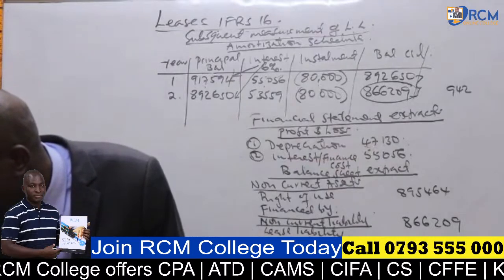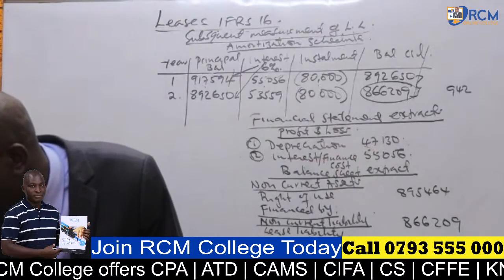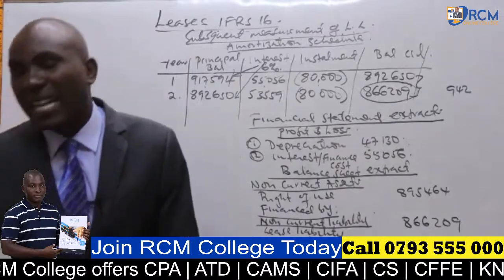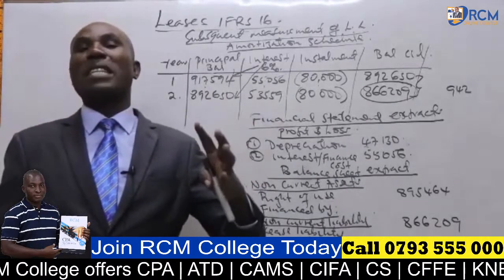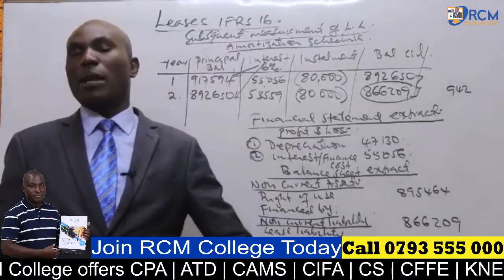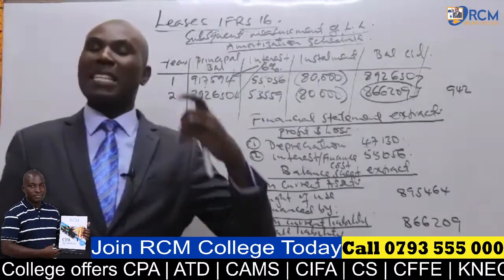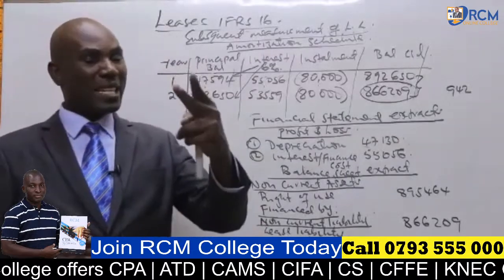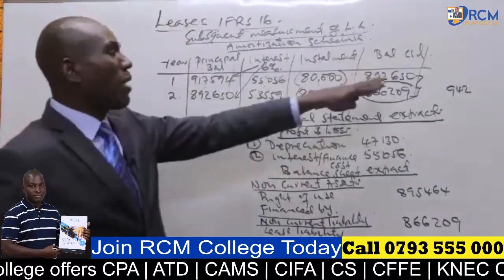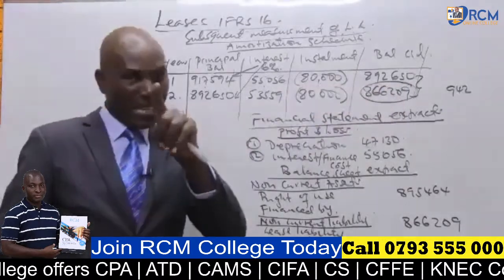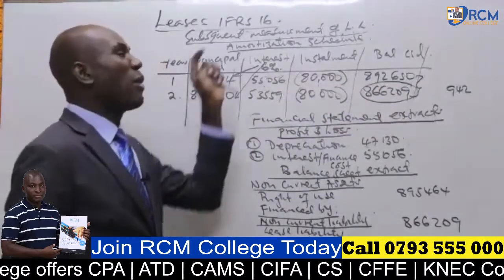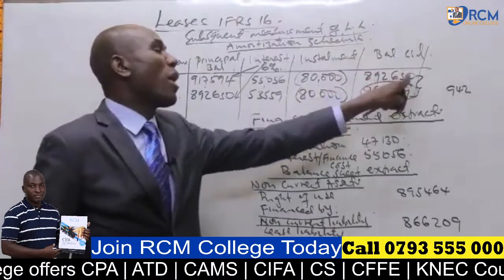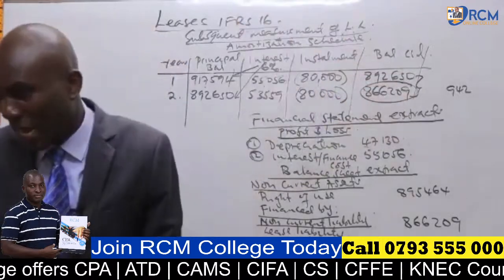Mwalimu, you said balance carried down for year 1 is non-current liability. That is if payments are made in advance. But if payments are made in arrears, you prepare for 2 years. The one for year 2 is the non-current liability, and the difference between year 1 and 2 is the current liability.